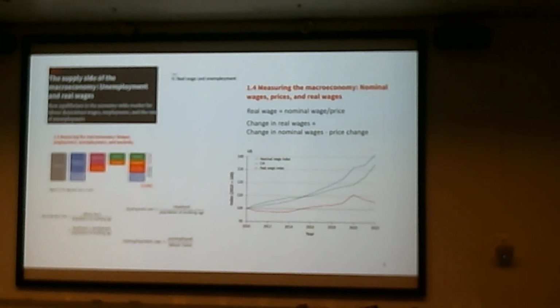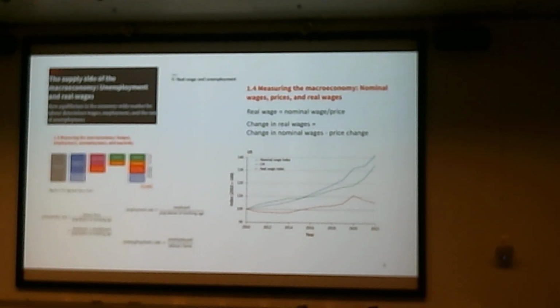Let's look into the first topic then. And that'll be here in the supply side of the macroeconomy, unemployment and real wage. We typically start by looking at different categories here.